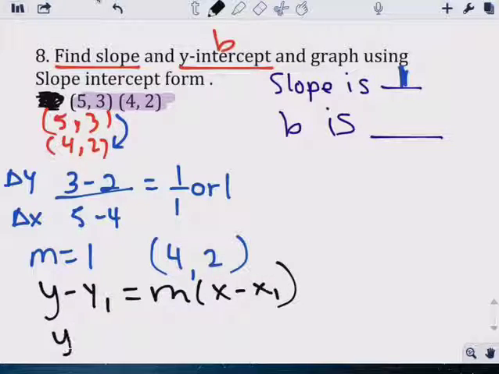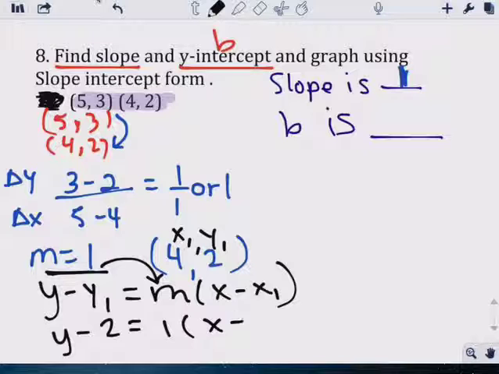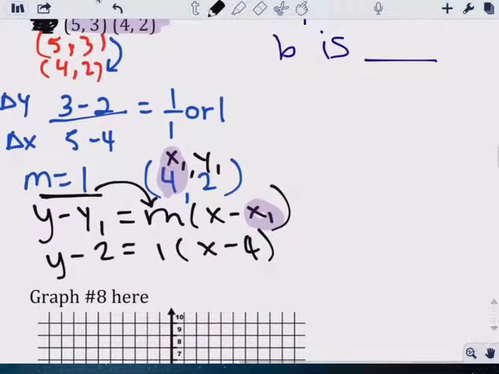So y minus y1, which is 2, equals the slope. We put this into here, 1 parentheses x minus this 4 here. Okay, we distribute.